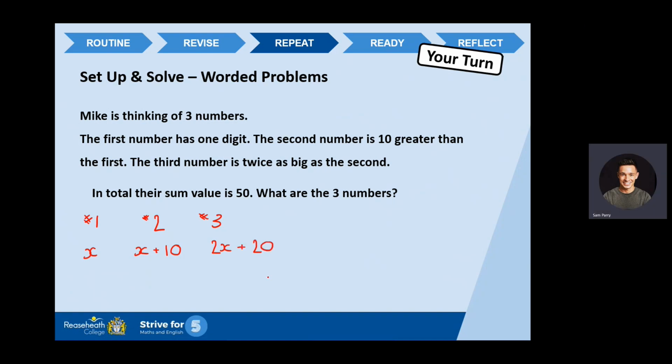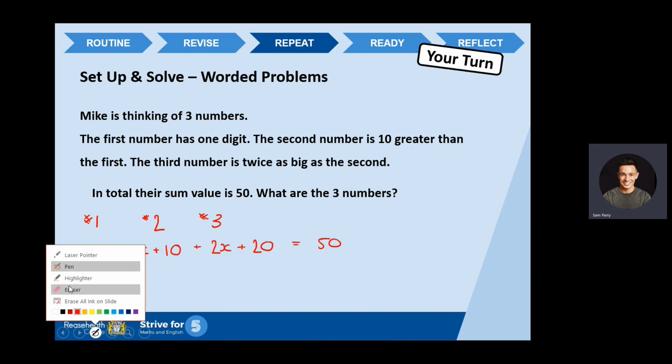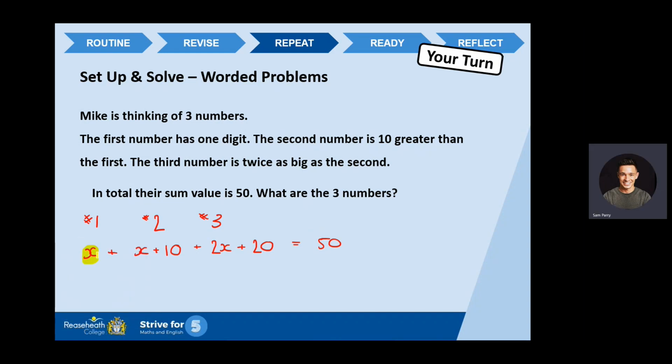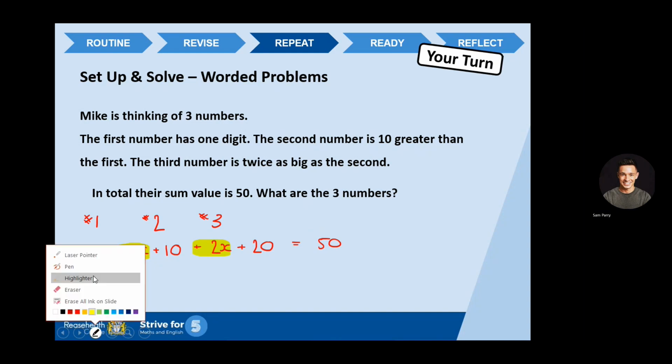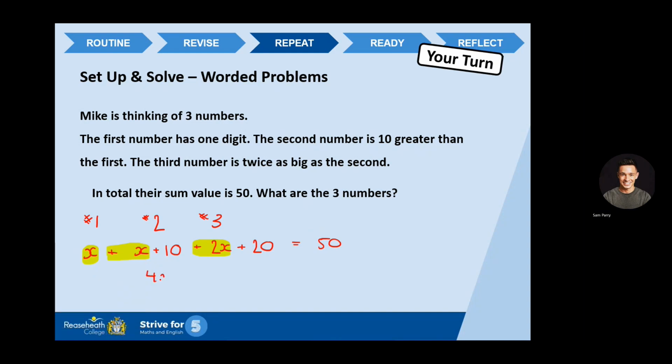Voila. Now, their sum, they add up to 50. That's what I'm going to be working towards now. You know the drill, don't you? Get all your x's together. Group all the like terms, whack them together. So I've got x plus 2x, that's 4x, and then 10 plus 20 is 30, equals 50.